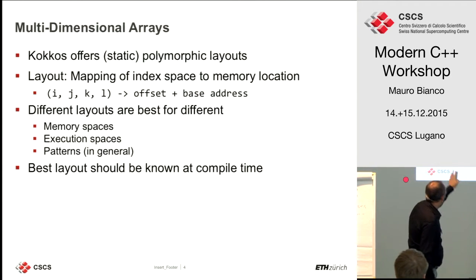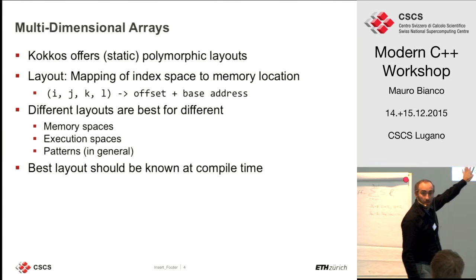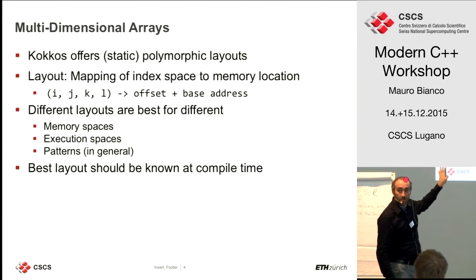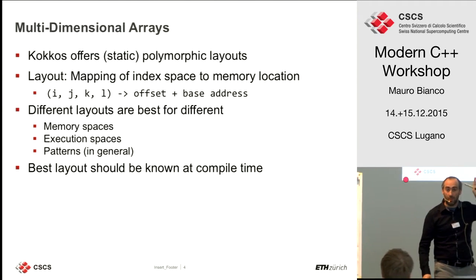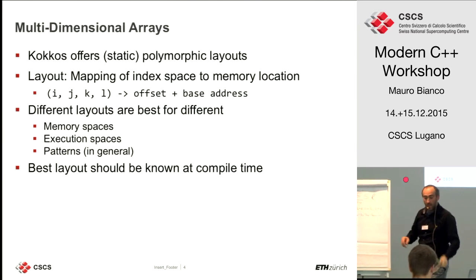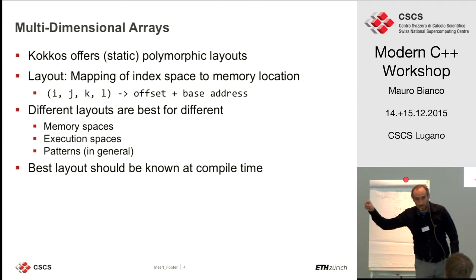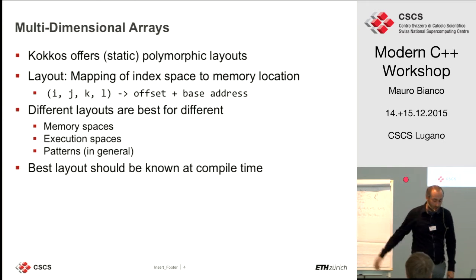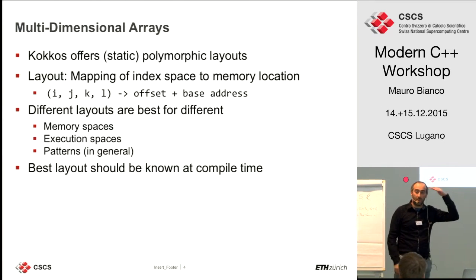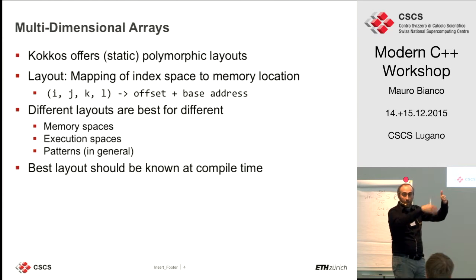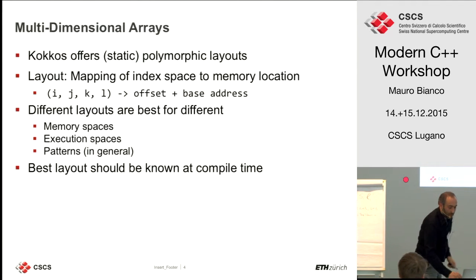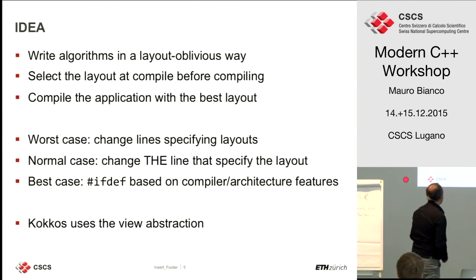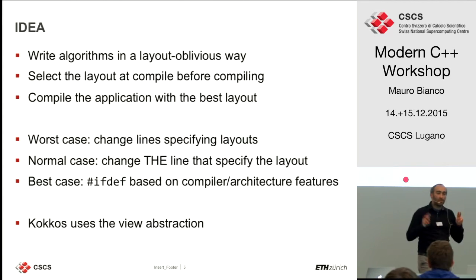What is the point? That the ijkl are just logical indices to your elements in your array. They say, I want the element ijkl. Where is it? Well, I need to know the function. I cannot tell you before I know the function. But if I tell you the function at compile time, from there on, everything is decided. So what you want to do is write an algorithm in a layout oblivious way.